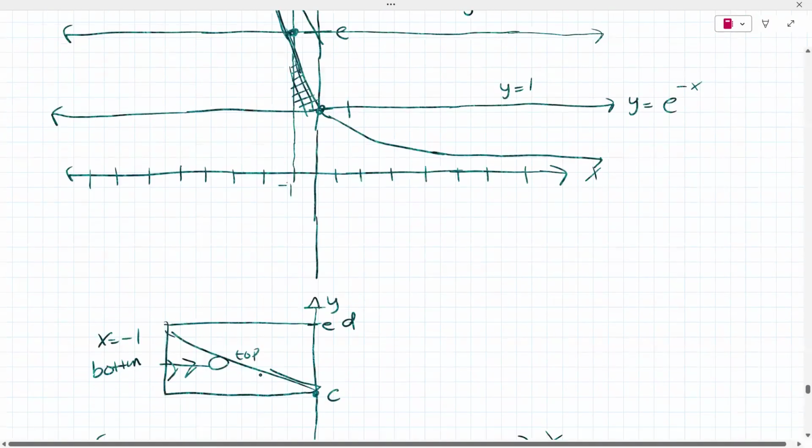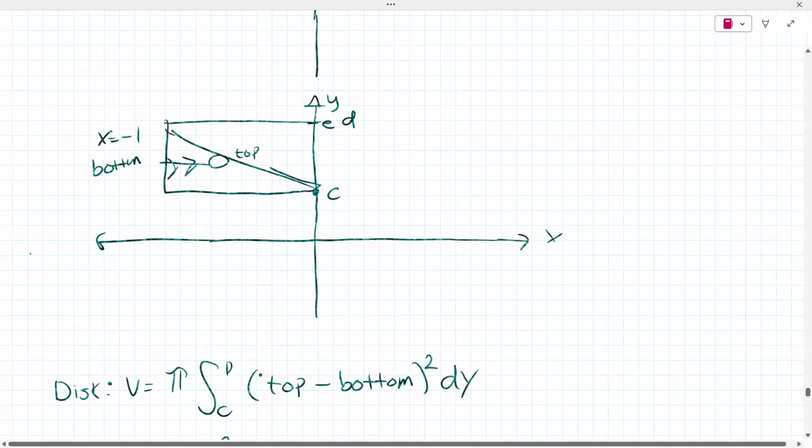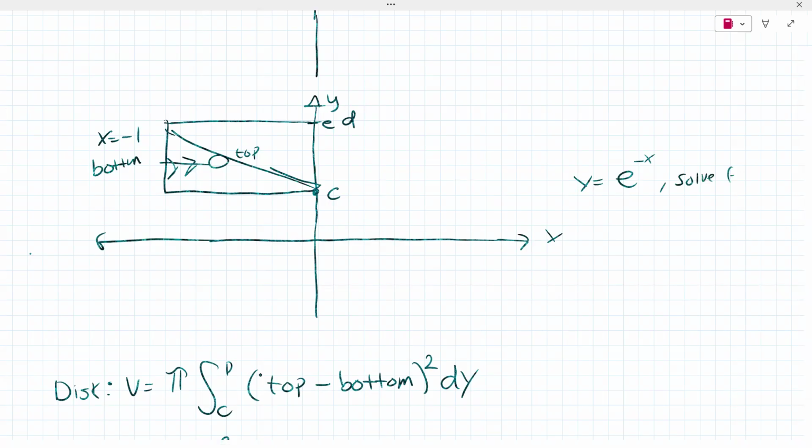Well, we have y equals e to the negative x, and we've got to solve for x. So how do we solve for x? Well, we have an e, so there's a good chance we're going to take the ln of both sides. So ln of y equals ln e cancels, you're left with negative x.